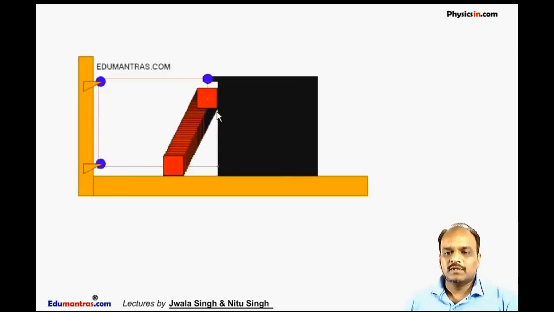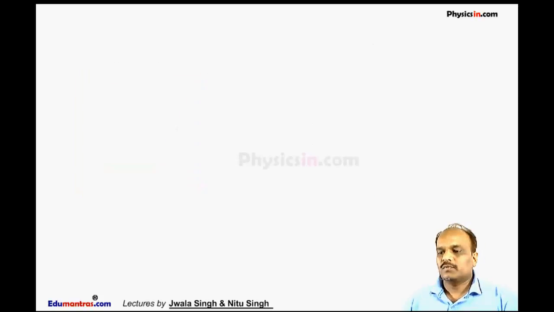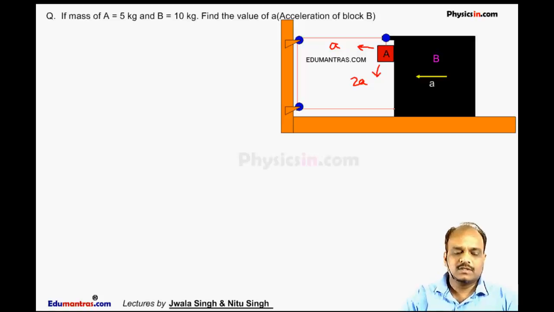If we see this triangle, the vertical height is double the horizontal height. So this block is moving horizontally with acceleration A and vertically with acceleration 2A. So the horizontal acceleration of block A is A and the vertical acceleration is 2A.